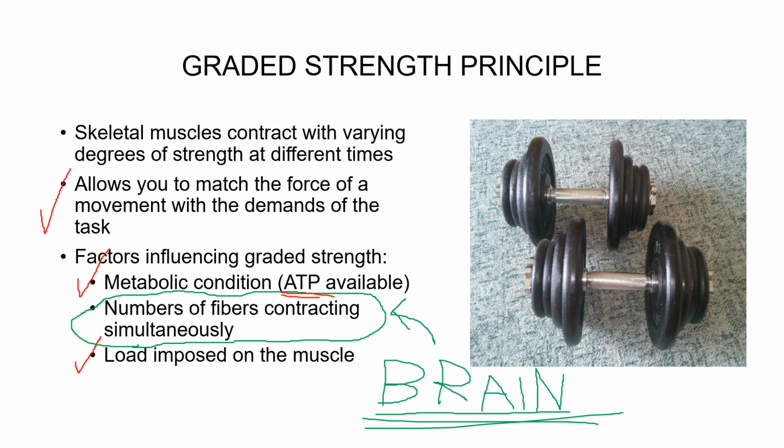I have to be careful the heavier you go. So this is showing you that depending on the body's needs, depending on what you're lifting, what you're doing, and how your brain is connecting with your body, the muscles can contract with different strengths. So that's the graded strength principle.